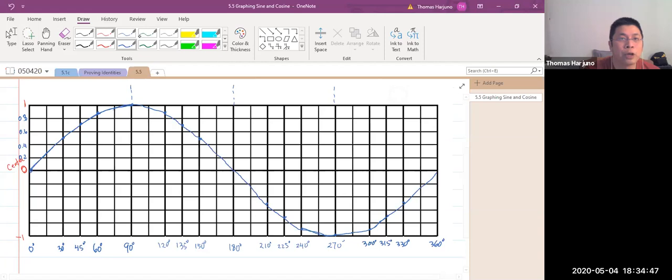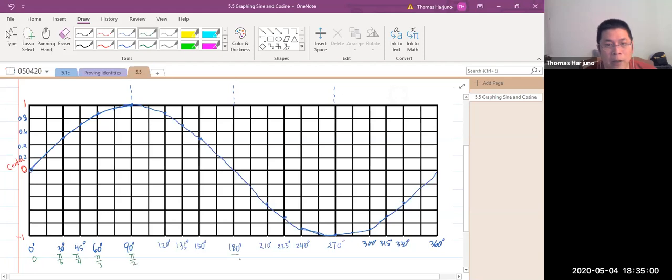Or of course, you can also write it in radians. This is 0, pi over 6, pi over 4, pi over 3, pi over 2, this is pi, 3 pi over 2, that's 2 pi.